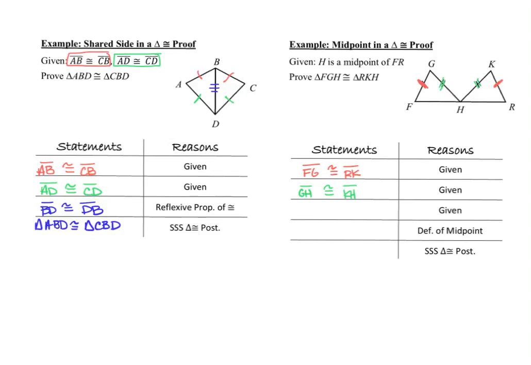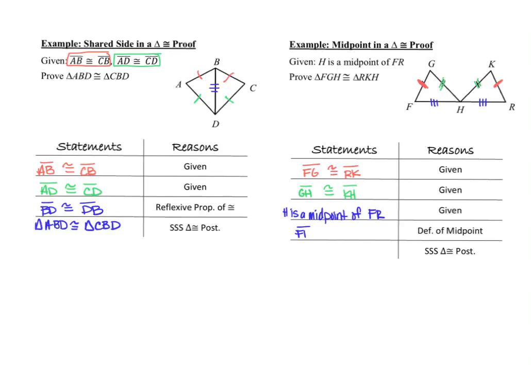The last piece of given information is that H is the midpoint of FR. And if you remember back from Unit 1, when you have the definition of the midpoint, if you have something in the middle, it's going to cut this segment exactly in half. So that means that FH is going to be congruent to RH.